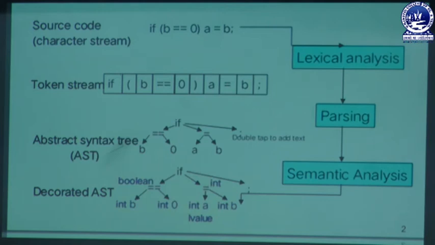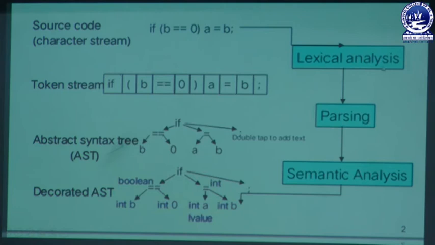Here I have represented one programming code: if B equal to 0, then A equal to B. Suppose the program statement is just these two lines. Here I have represented it in a diagrammatic way.